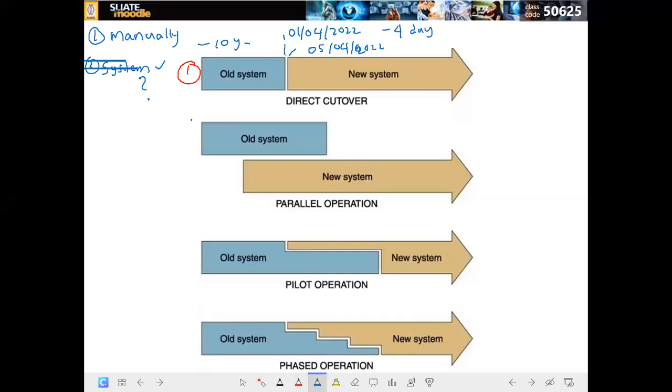The reason is, this is the second method, parallel implementation. You are going to use both systems for a certain period of time, right? The new system is here, right?